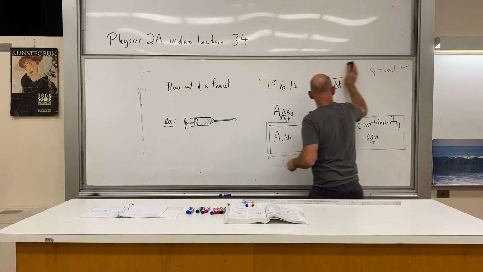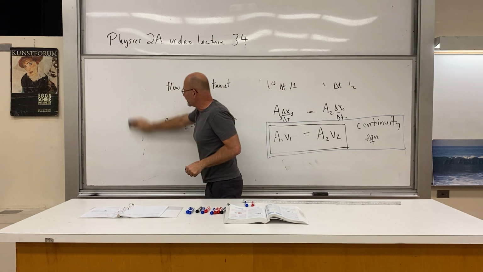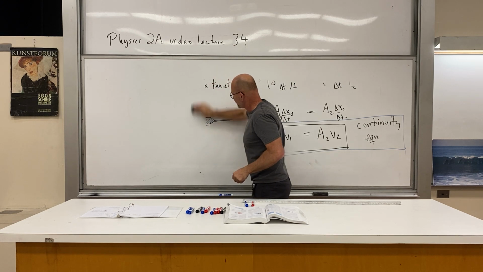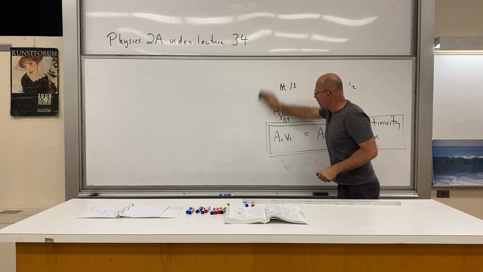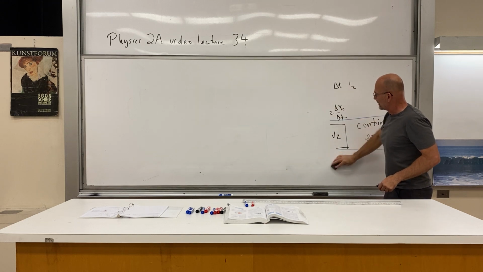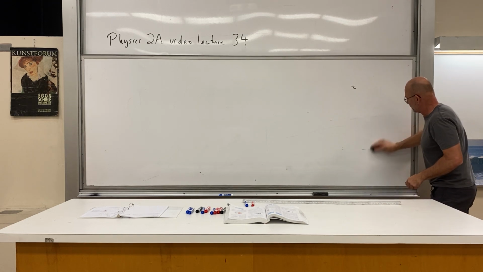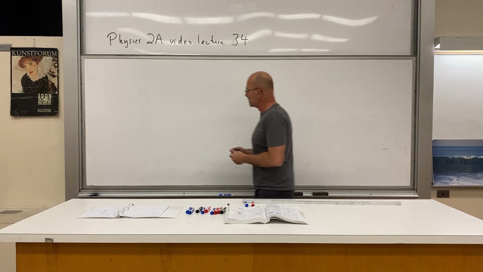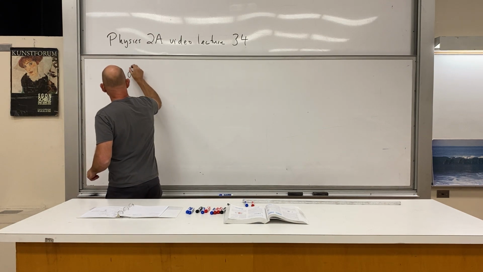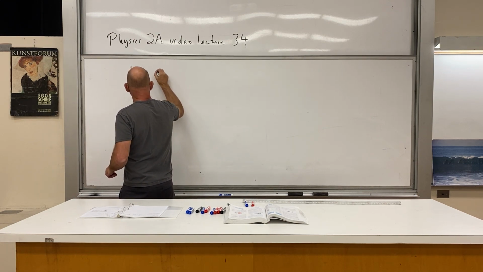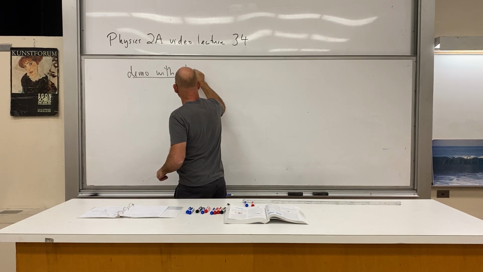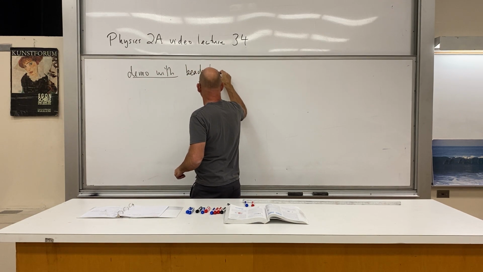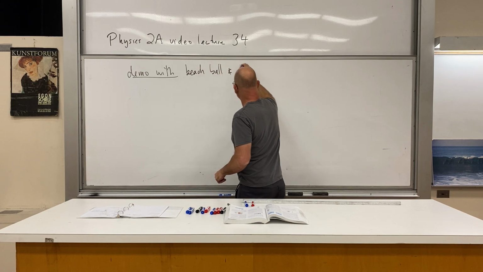So first we'll just do a picture of this demonstration and bring out the important points. So this is just the demonstration with the beach ball and the leaf blower.